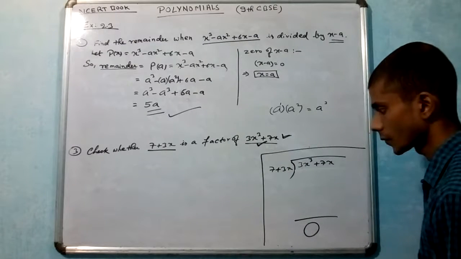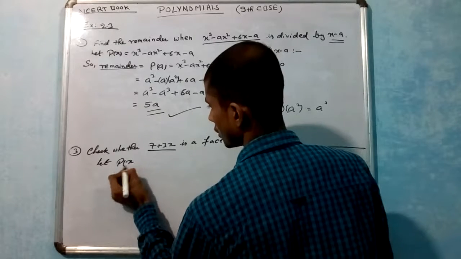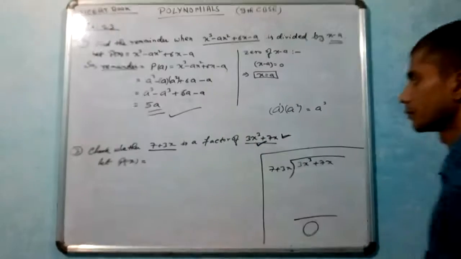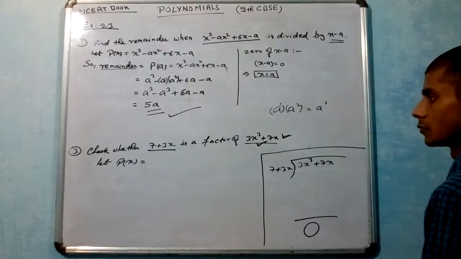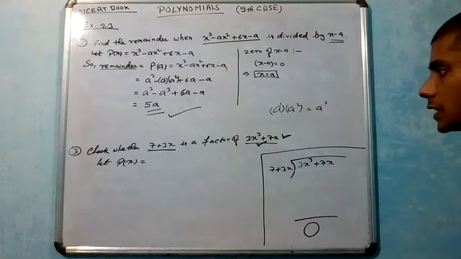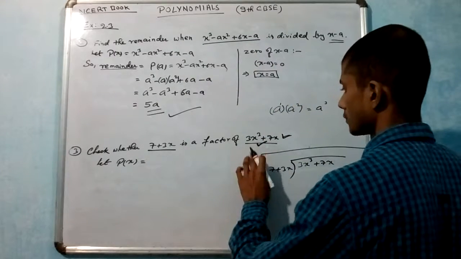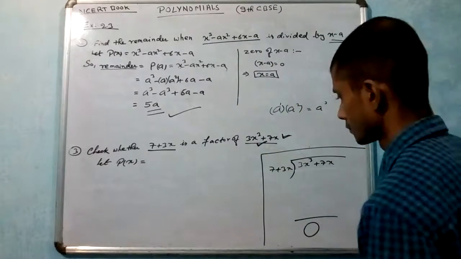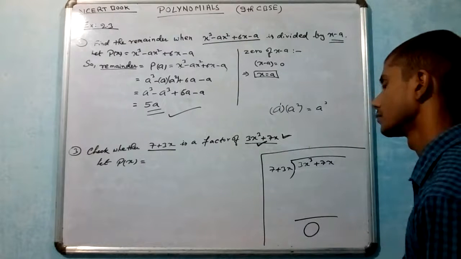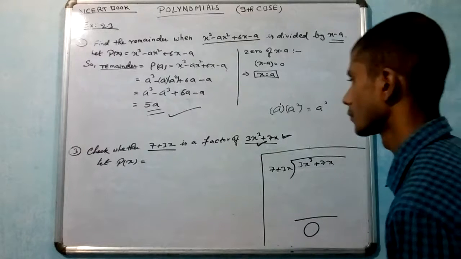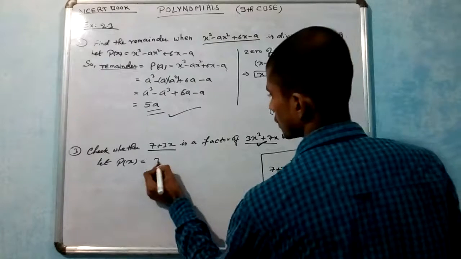So let p(x) be what here? Tell me, p(x) is equal to what? What should we assume, p(x), this or this? p(x) is 3x cube plus 7x.